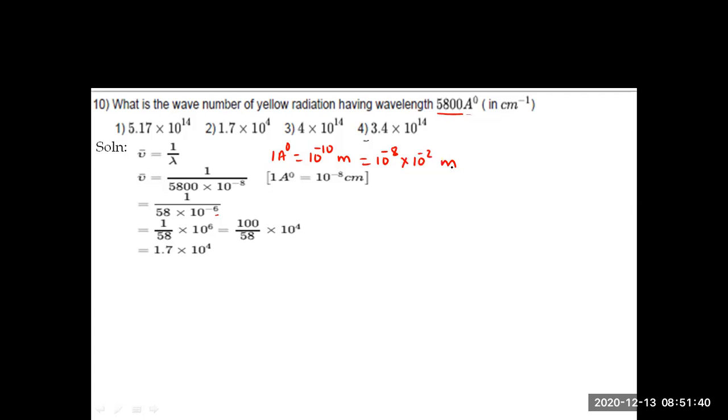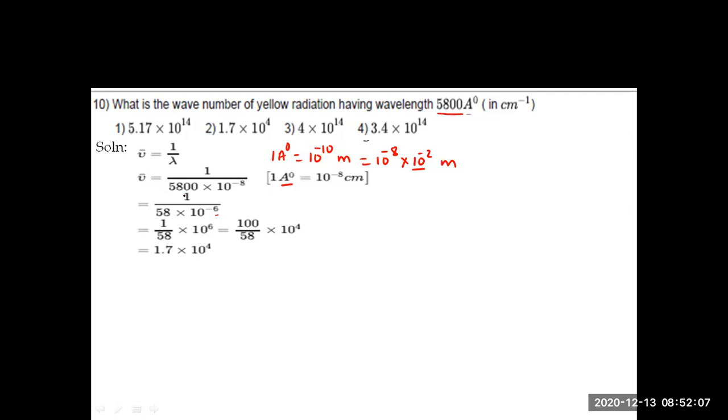So what is 10 raised to minus 2 called? Centi. So 1 angstrom would be equal to 10 raised to minus 8 centimeter. No problem. So 5800 angstrom is nothing but 5800 into 10 raised to minus 8. That minus 8, when it goes to the numerator, becomes plus 8, or you shift the decimal here itself. So it becomes 1 by 58.